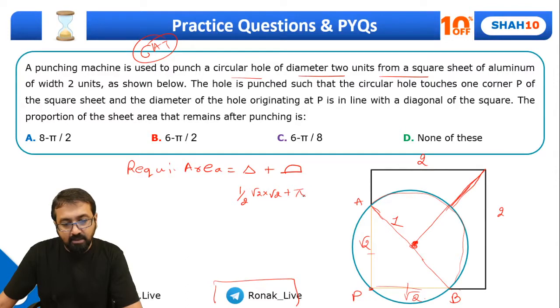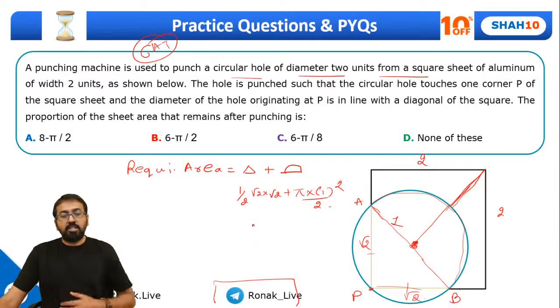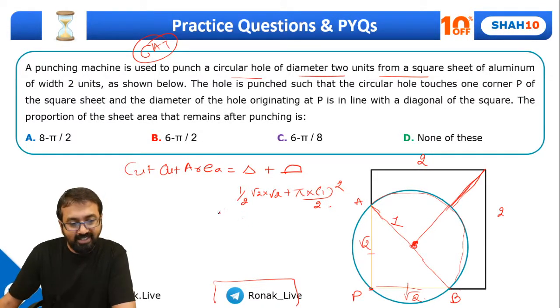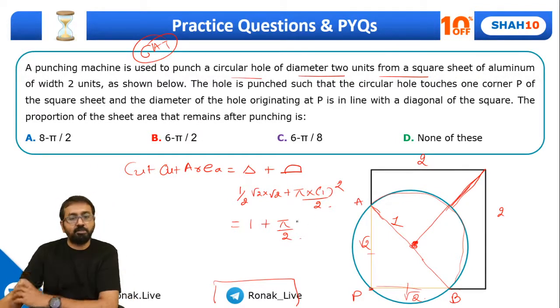It's pi into 1 square by 2. Yes or no, everyone? Right. I'm finding the cutout area, not the required area. If you solve this, it comes out to be 1 plus pi by 2.